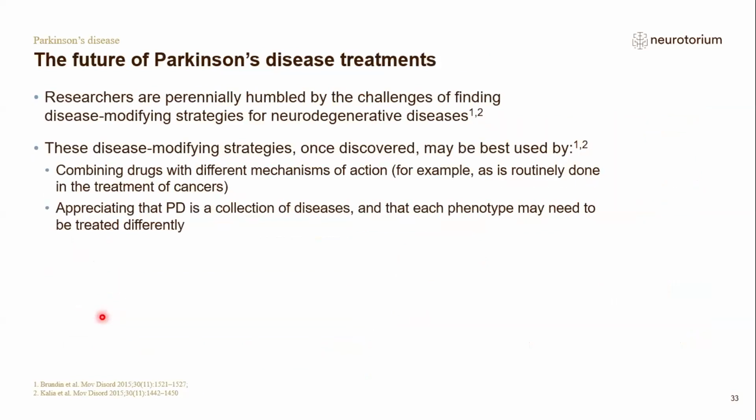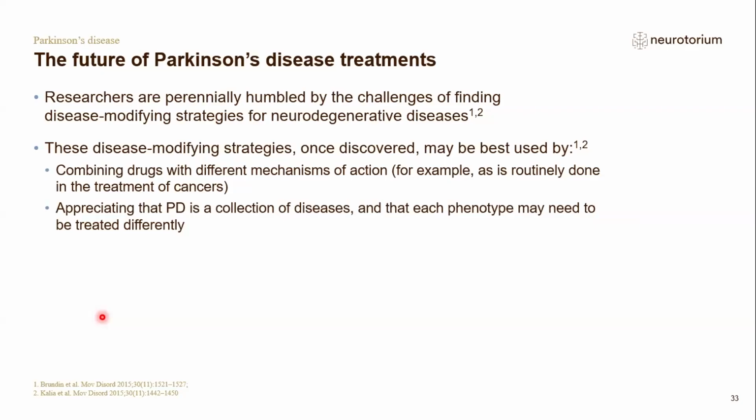What is the future of Parkinson's disease? I think from this neurobiology, it humbles us to know that there are a lot of challenges in finding proper treatments or disease-modifying strategies for these neurodegenerative diseases.